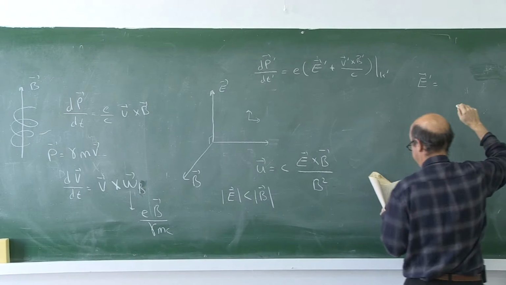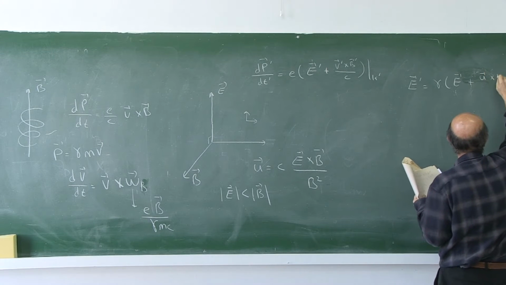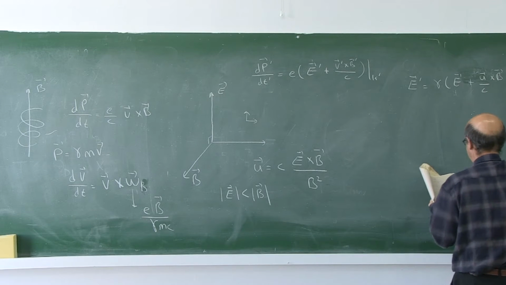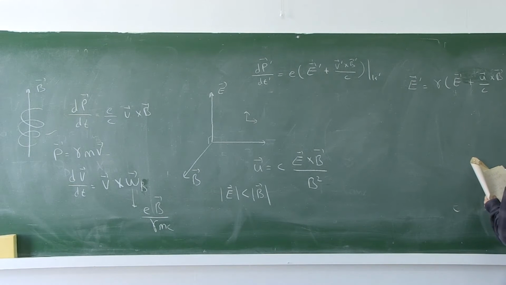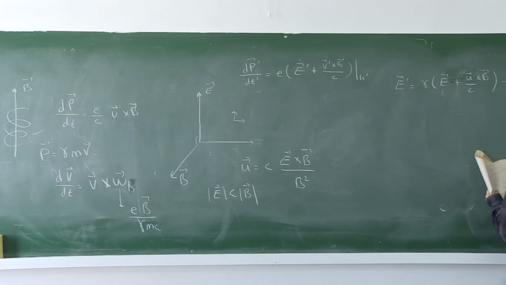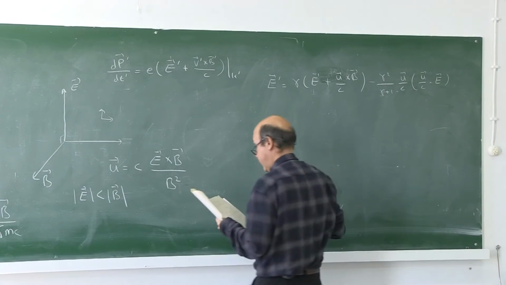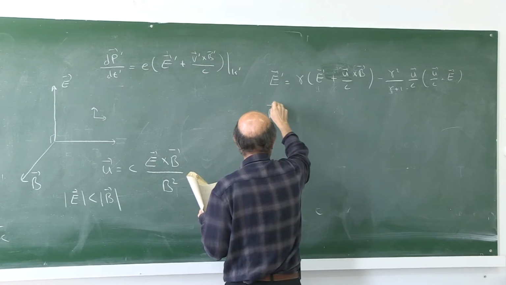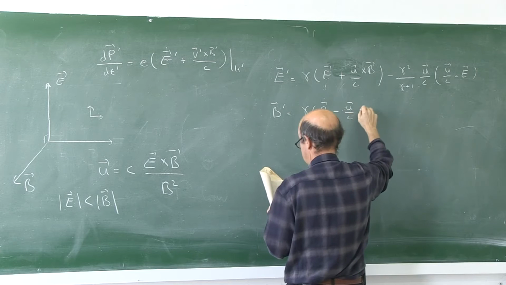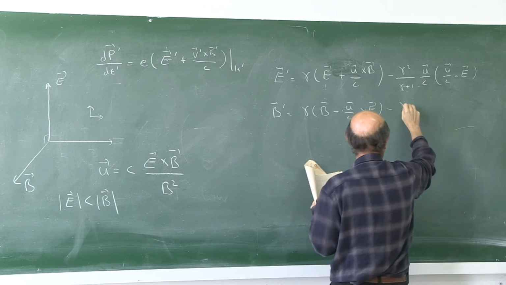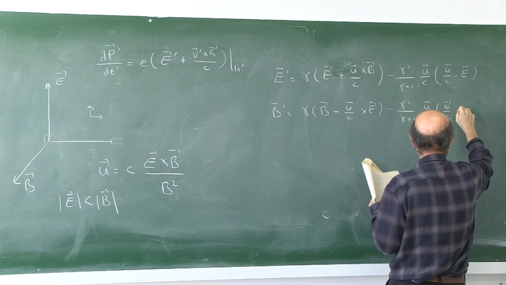E prime was gamma (E plus u cross B over c) minus gamma squared over (gamma plus 1) u over c (u over c dot E), and for B prime we have gamma (B minus u over c cross E) minus gamma squared over (gamma plus 1) u over c (u over c dot B).